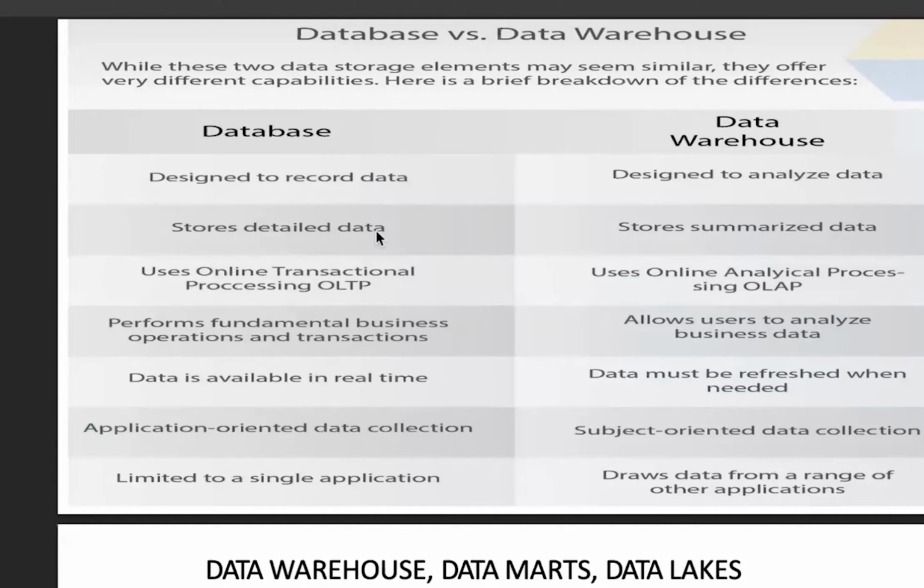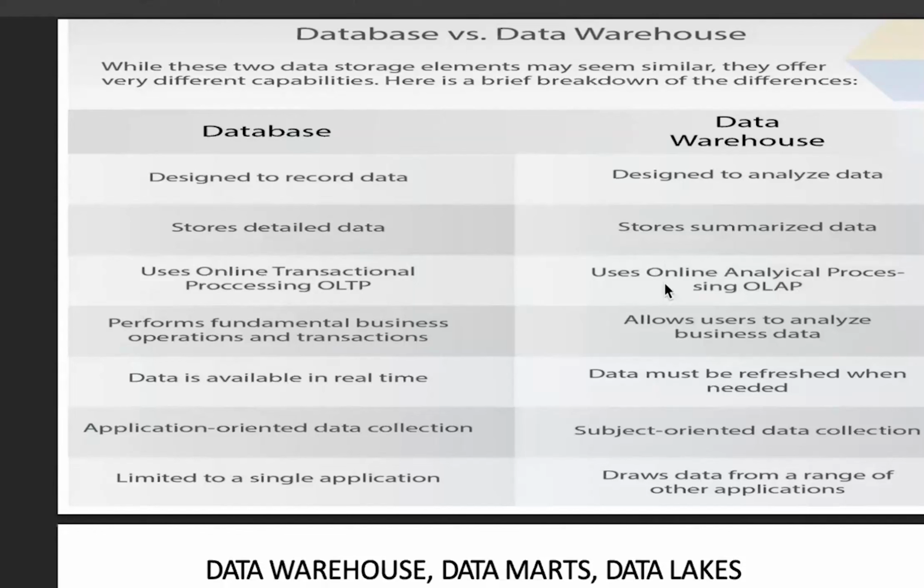A database stores detailed data, a data warehouse stores summarized data. A database uses online transactional processing, OLTP, and a data warehouse uses online analytical processing, OLAP. Let me explain both for you.